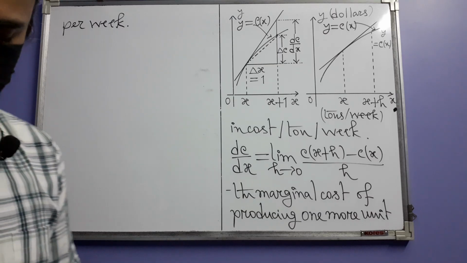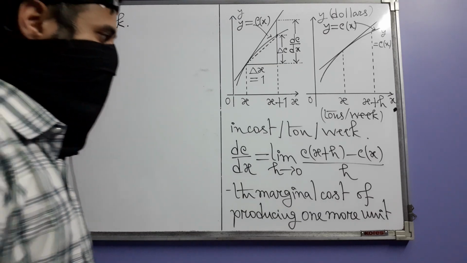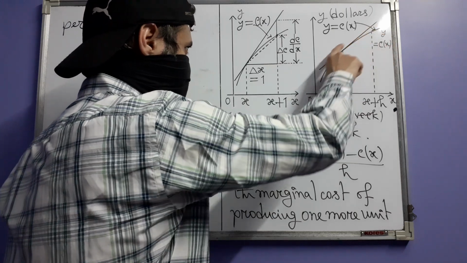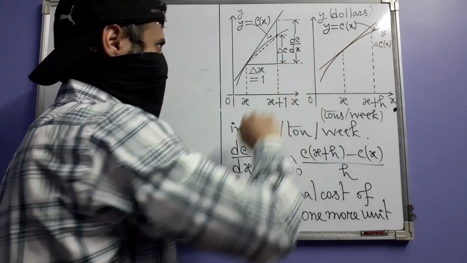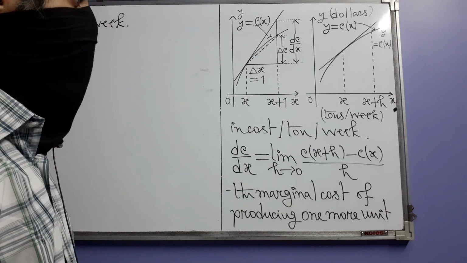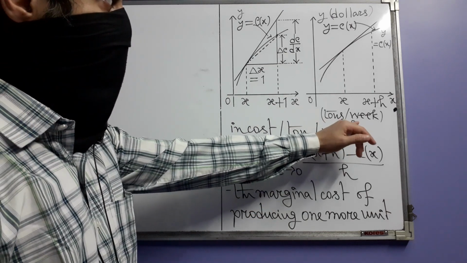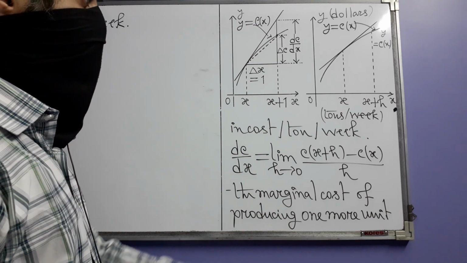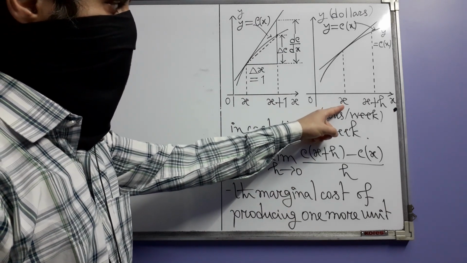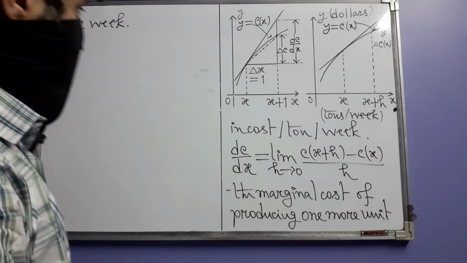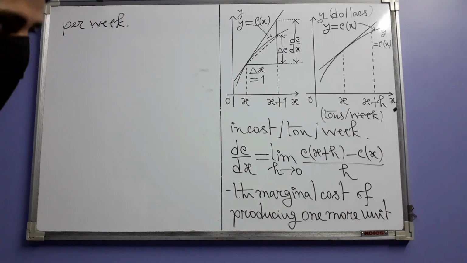Now, you can of course see what it means geometrically here. This curve is the graph of your cost function, y equals C of x. X is in tons per week and y in dollars. So, at this level of production x, actually I should have written this also.